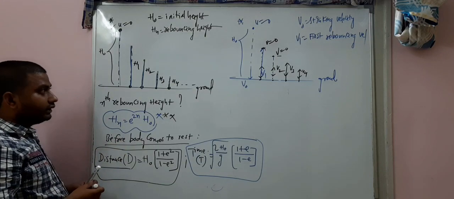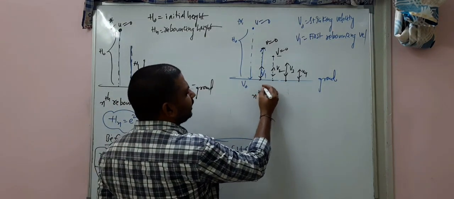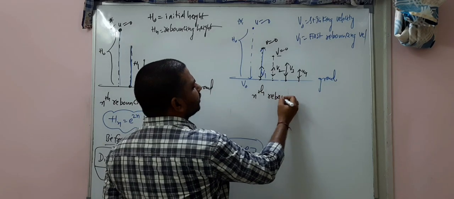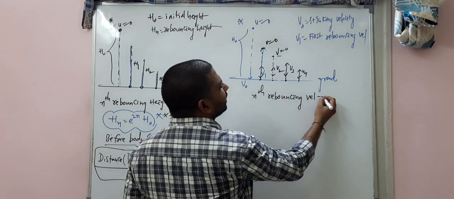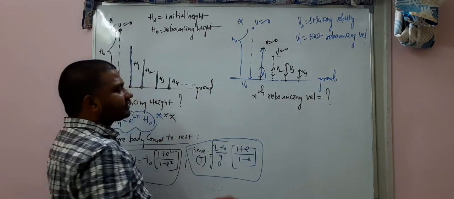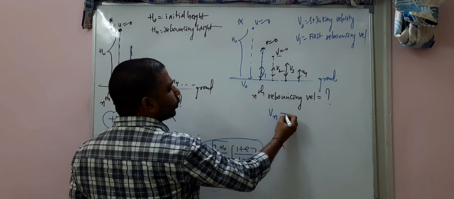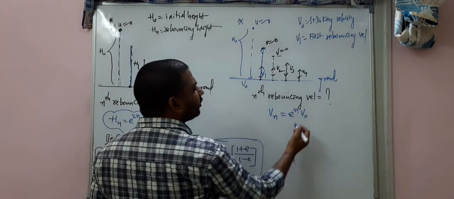And for the nth rebouncing velocity, the formula is Vn is equal to e to the power n into v naught.